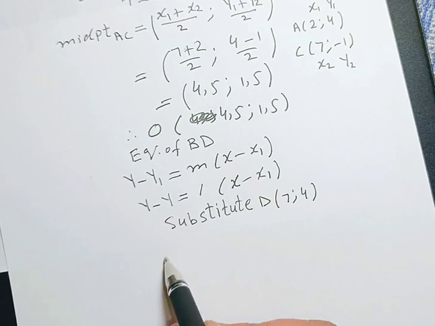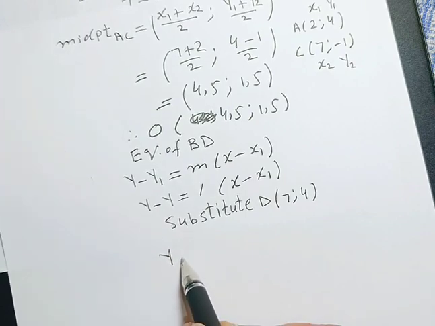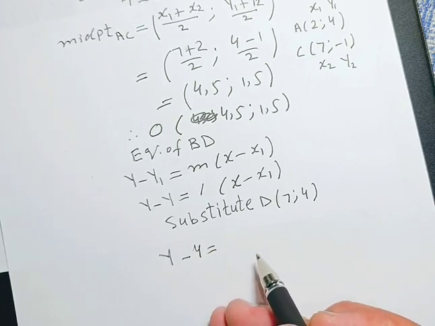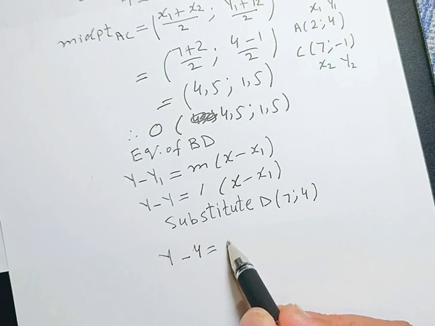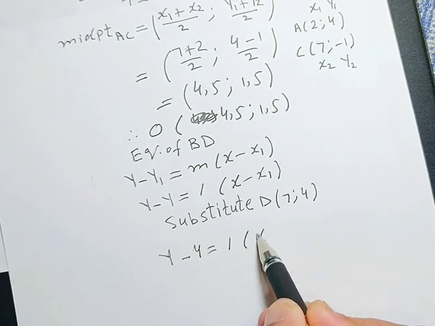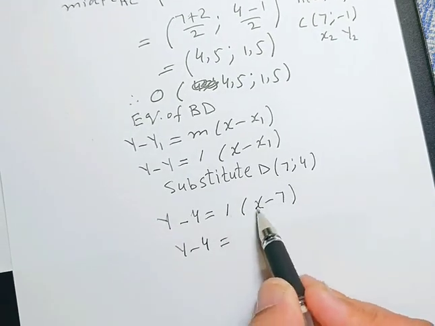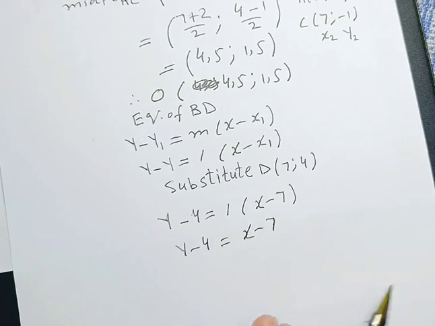So y minus 4 is equal to 1 times x minus 7.